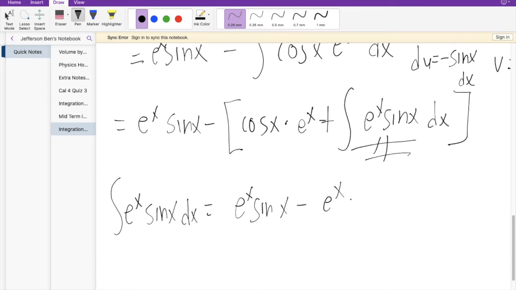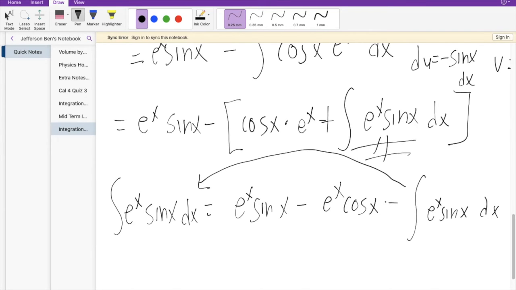This is the whole expression. If we move this integral to the other side, it becomes plus, because from negative we move to the other side as positive.